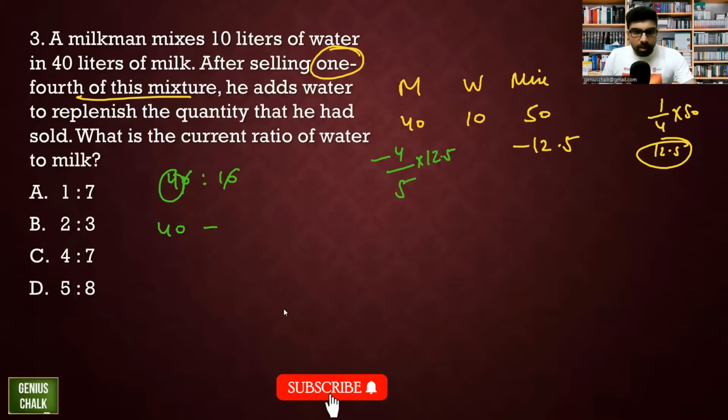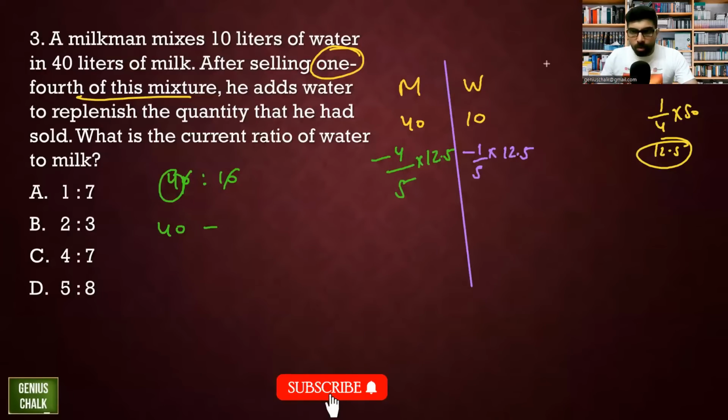And secondly, if you focus, water will come out in the same way, 1 by 5 into 12.5. And the total mixture is 50 minus 12.5, because I know that the total mixture is the same. Okay.